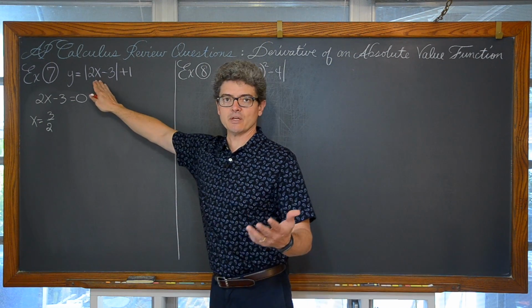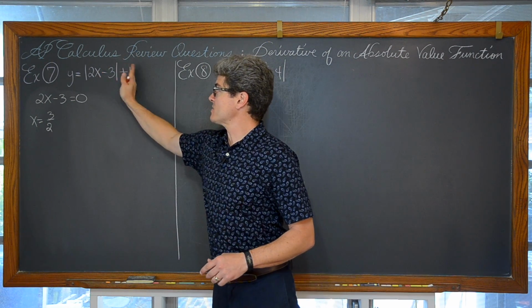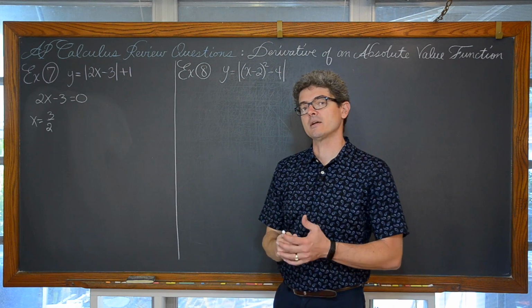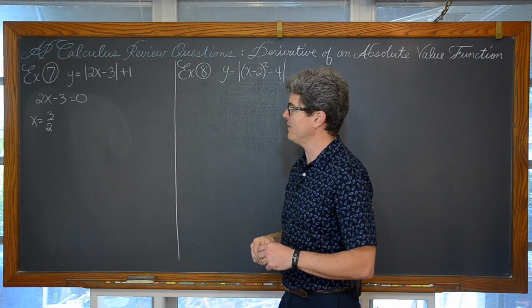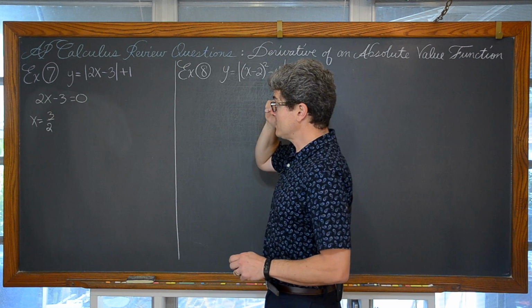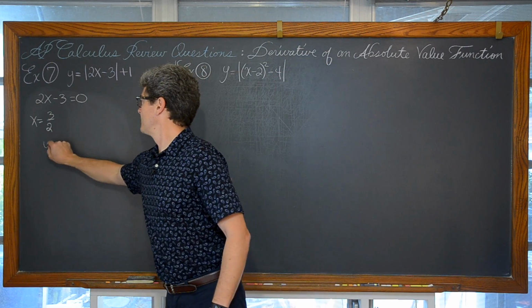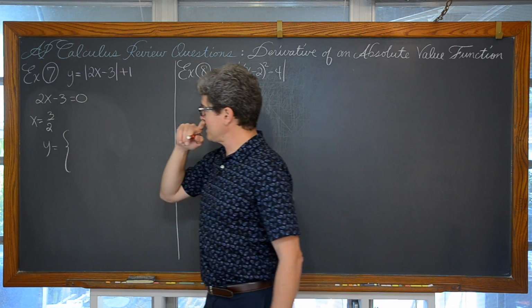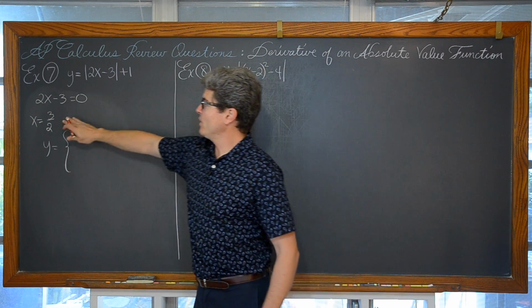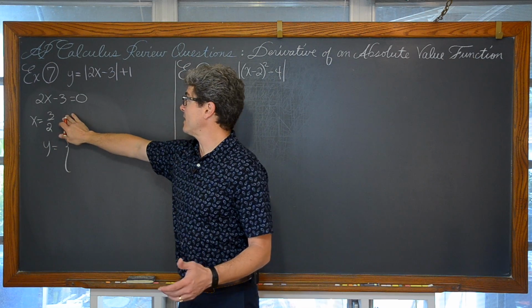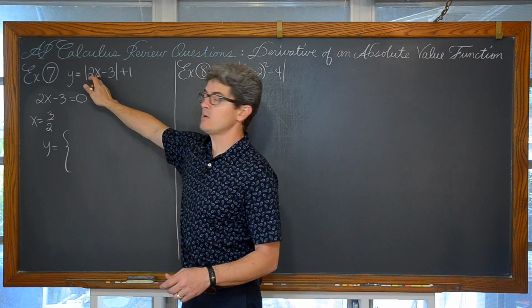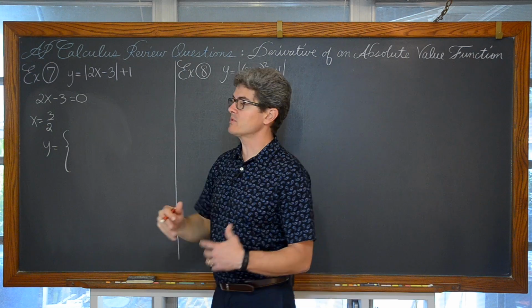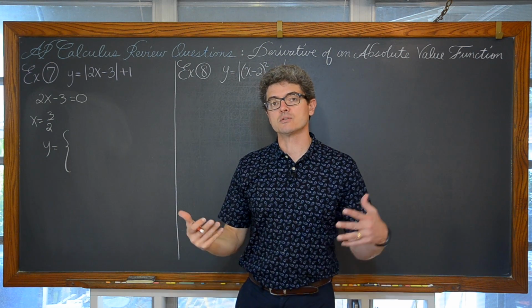Okay, and this is just a simple linear function. This absolute value function is going to have a sharp bend at the x value of 3/2, or 1.5. So we're going to say then that y is equal to, well, let's see here. If we put a number in that's larger than 1.5, like 2, we're going to have 2 times 2 is equal to 4, minus 3, which is equal to 1, and the absolute value of 1 is just 1.